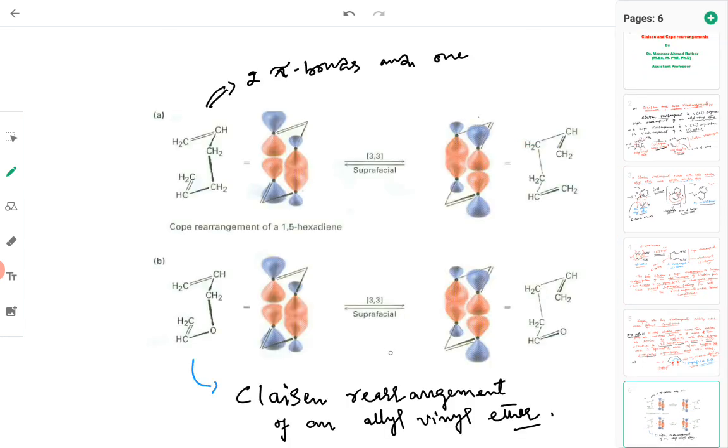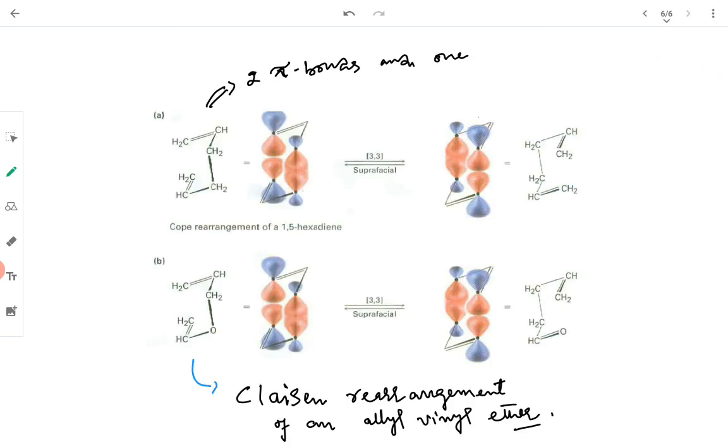So I have shown here the orbital diagram of Cope rearrangement. This is Cope rearrangement, and this is Claisen rearrangement. And as you can see, it involves 2 pi bonds and 1 sigma bond.